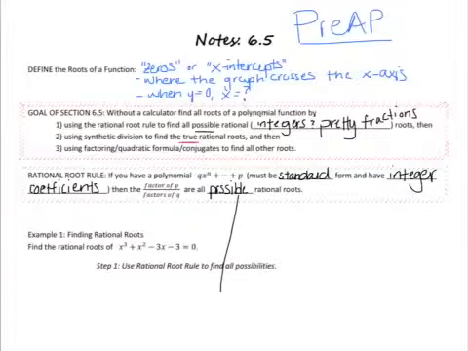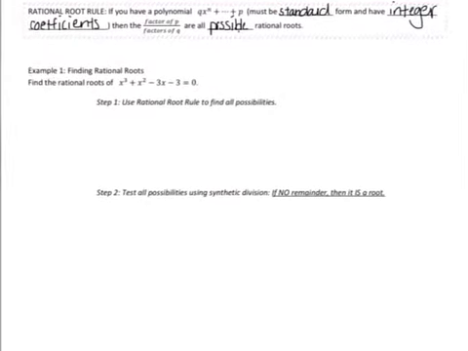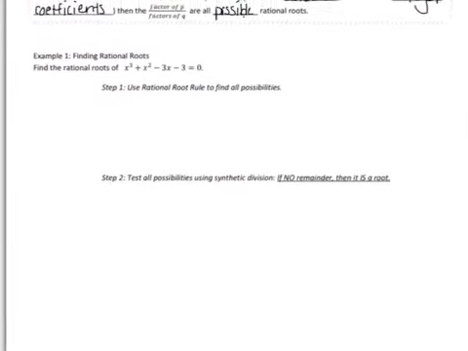Let's see how this works. It says find the rational roots of x cubed plus x squared minus 3x minus 3. First of all, is that in standard form? Yes.